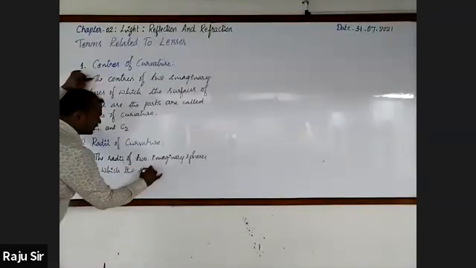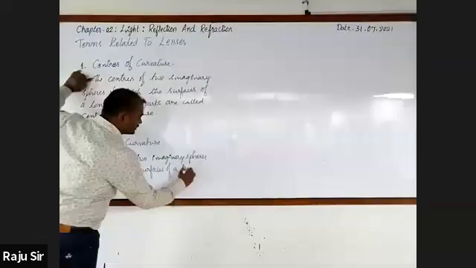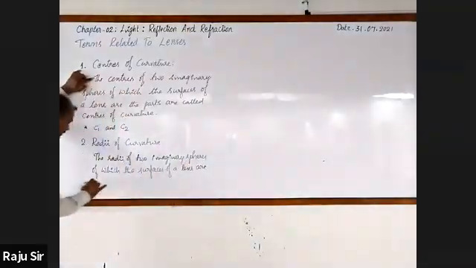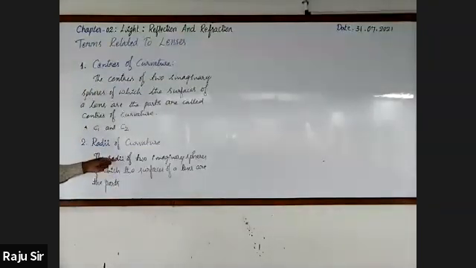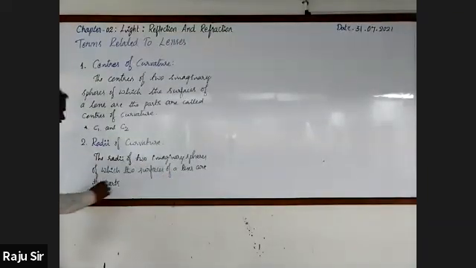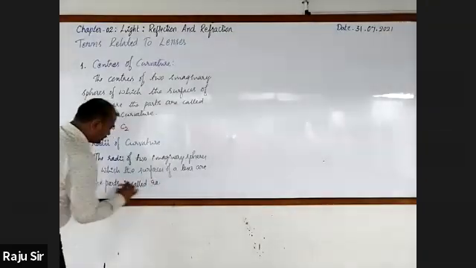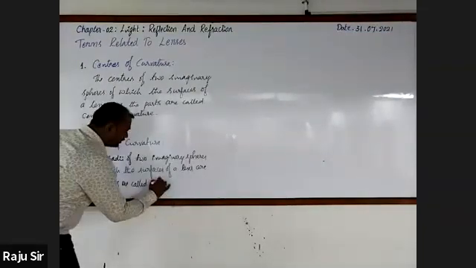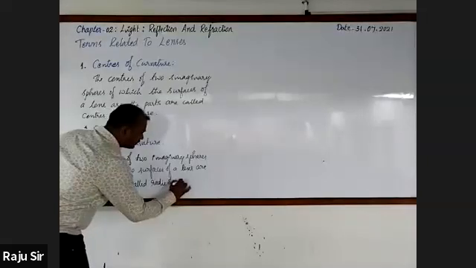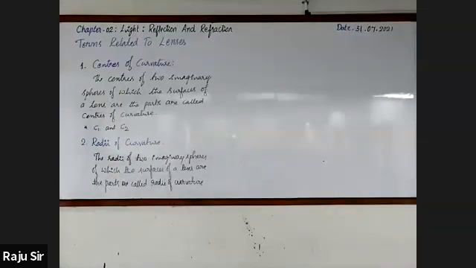The radii of two imaginary spheres of which the surfaces of a lens are the parts are called radii of curvature. Radii of curvature.